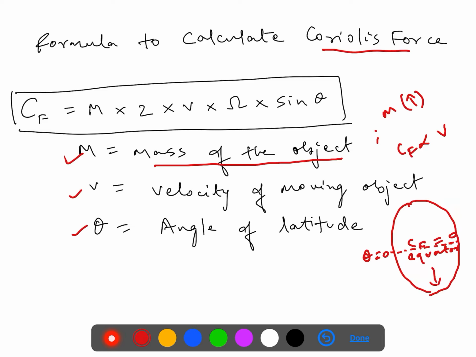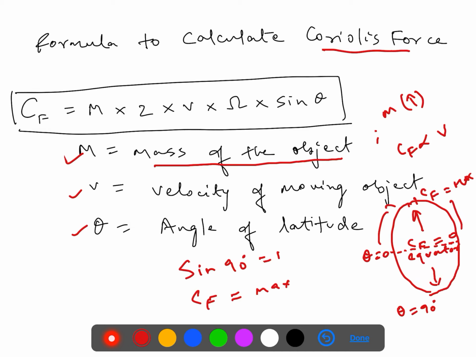As we move from the equator to the poles, what happens to the Coriolis effect? We know sine 90 is 1. So as a result, the Coriolis effect at the poles becomes the maximum. So as we move from the equator to the poles, the Coriolis effect increases, minimum at the equator and maximum at the poles.